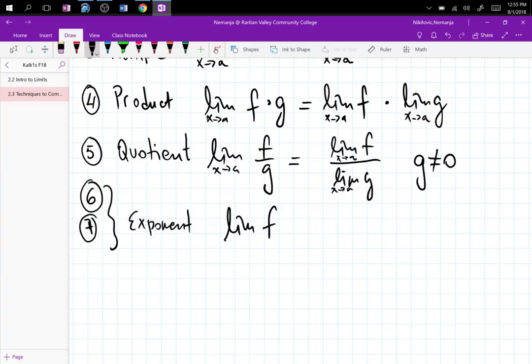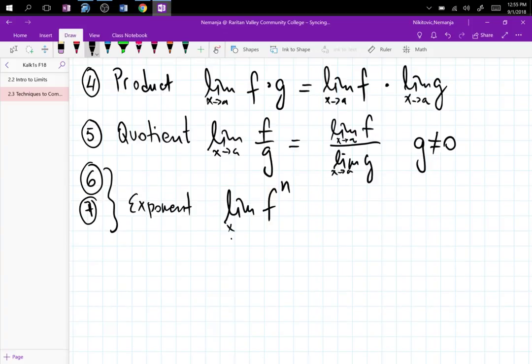The limit of f to some exponent n, whether it's a whole number or fraction, as x goes to a, is going to be the limit of f of x, and then you apply that exponent when you are done with the limit. So they can swap. You don't have to do the exponent first. You can do the limit first and then do the exponent later. So these are the properties of limits.